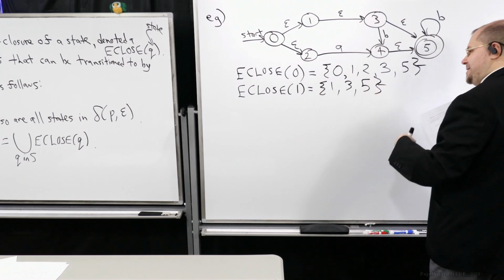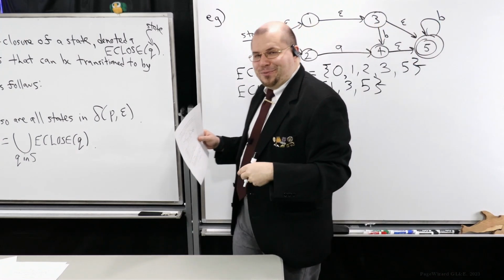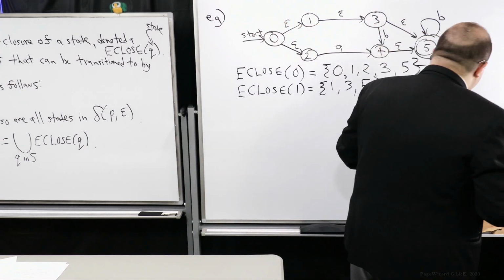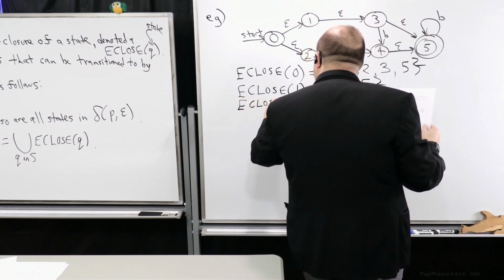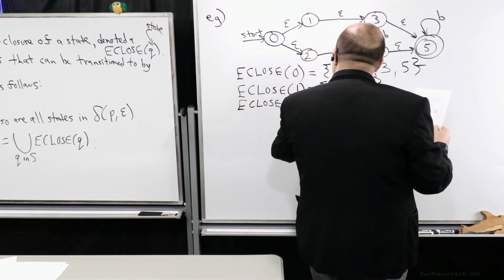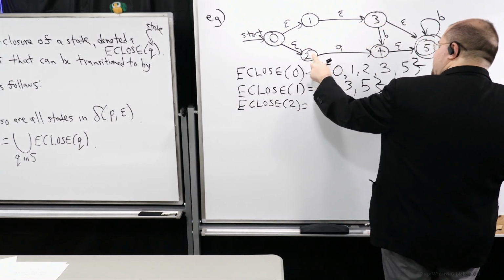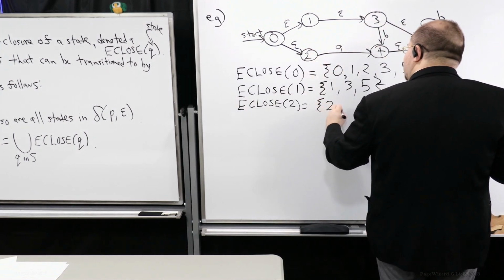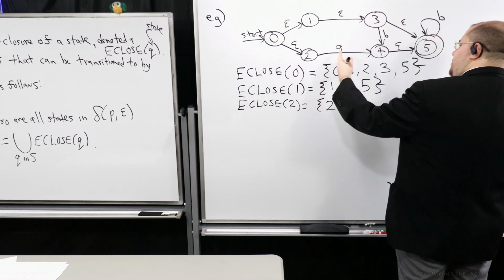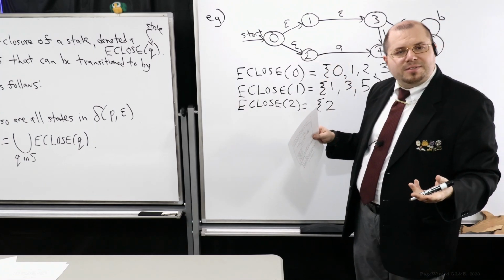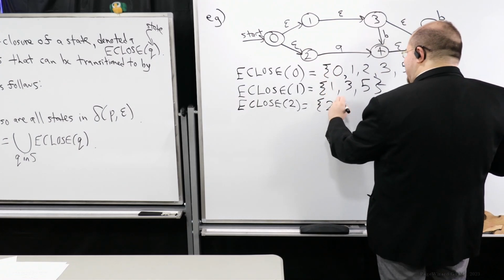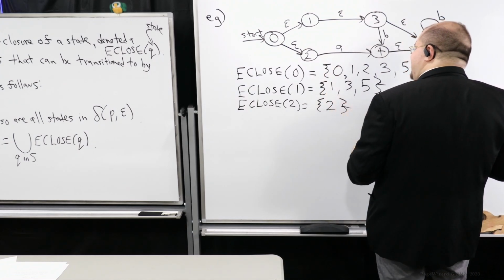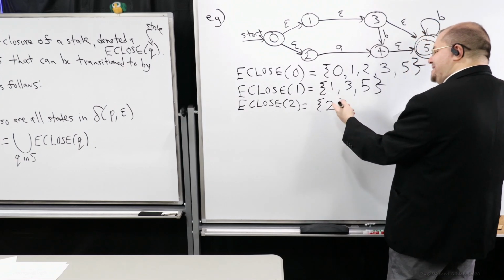So that's the epsilon closure of 1. Let's continue. Let's try the epsilon closure of state 2. Notice that 2 by definition is in the epsilon closure of 2. But notice there are no epsilon transitions. So if I give you epsilon with that state, it's not going anywhere. So it's just 2.